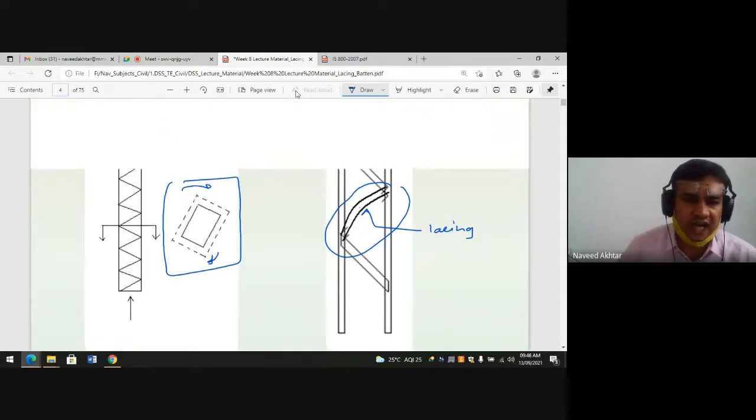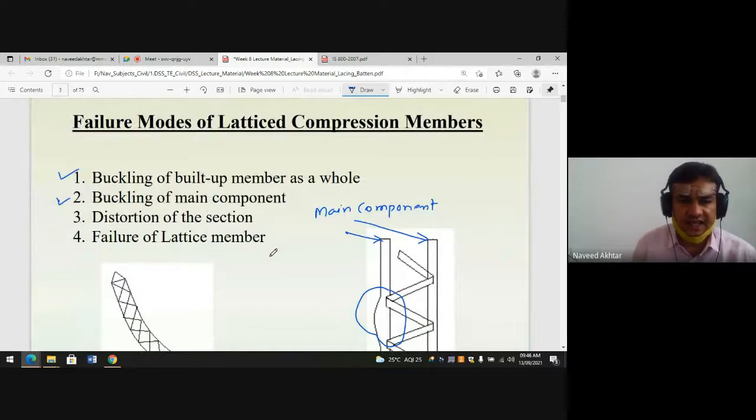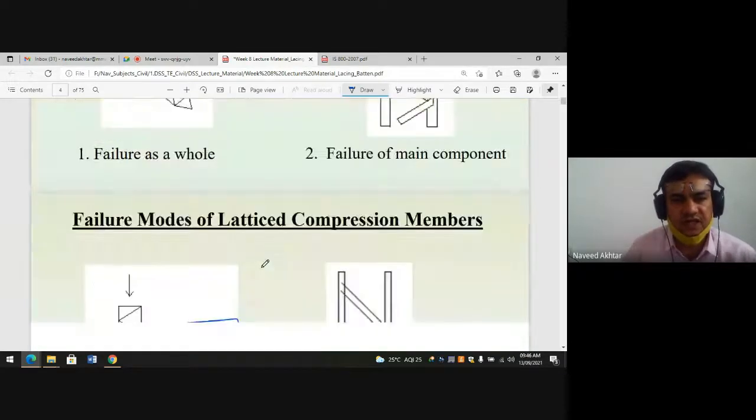So these four types of failure may occur in the lattice compression member, whether it is the lacing system or the battening system, including distortion of section.